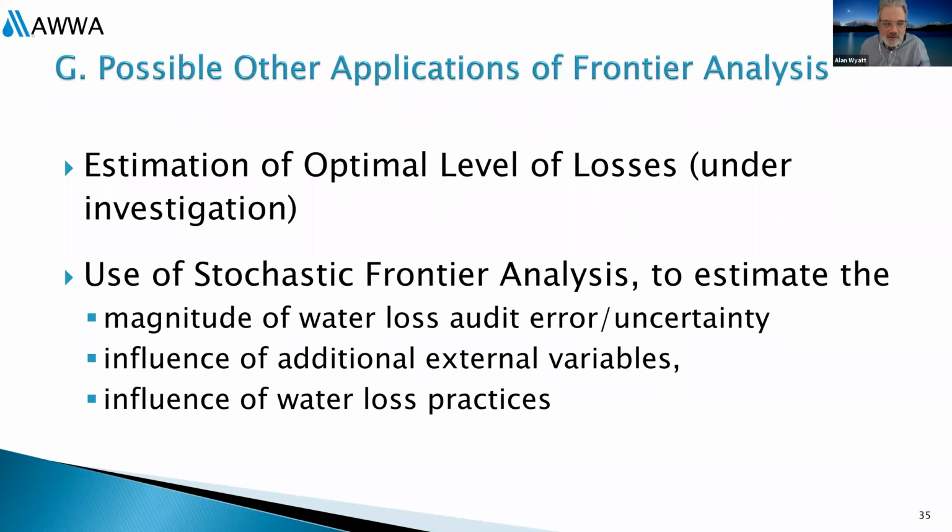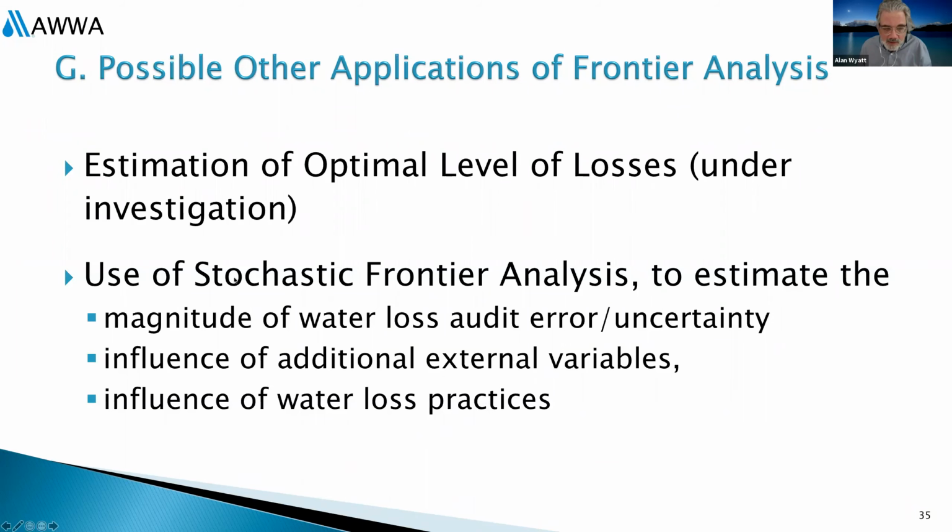Now, I mentioned earlier that there is the other type of frontier analysis, stochastic, which will give us an indication of how much error may be contained in the distance to the frontier and how much may be due to other factors that have not been taken into account, such as other external variables like management of the company or scales, other factors, or the practices that are being undertaken.